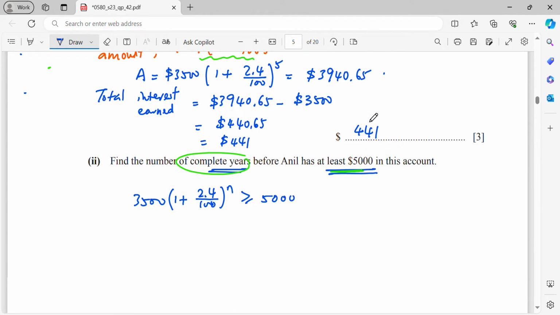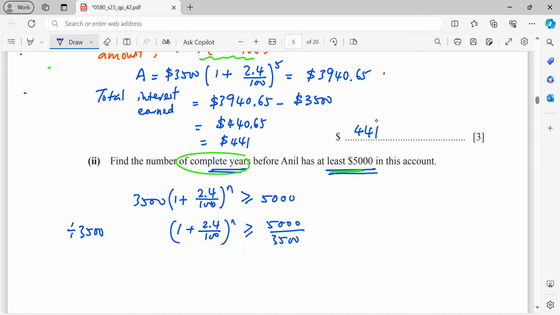So from here, firstly I will divide the whole inequality by 3,500. That means I will get (1 plus 2.4 over 100)^n is greater than or equal to 5,000 over 3,500.